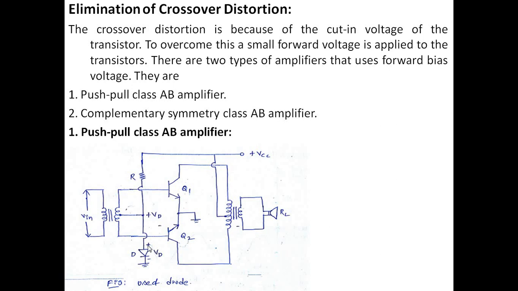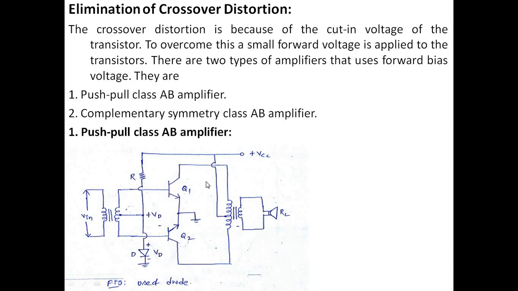Whenever it is forward biased, we can replace this diode with a DC voltage of 0.7 V. That 0.7 V will be applied either to Q1 or to Q2, not to both transistors at a time, because it is a center tapped transformer.